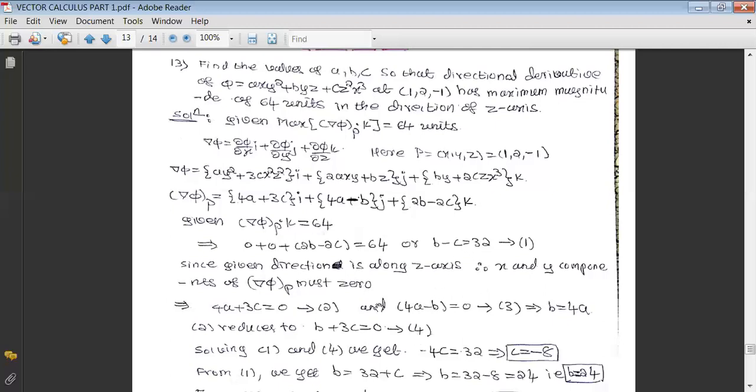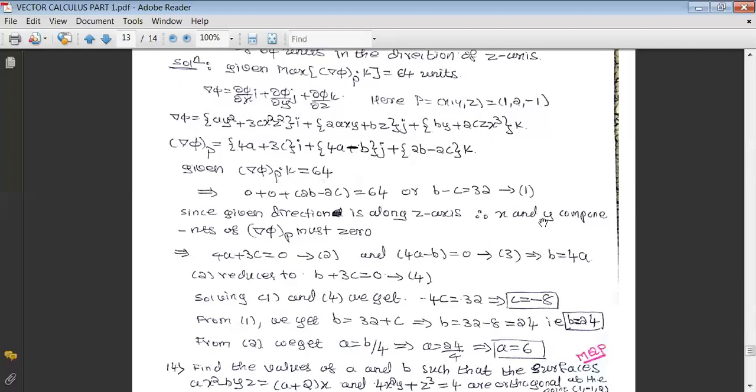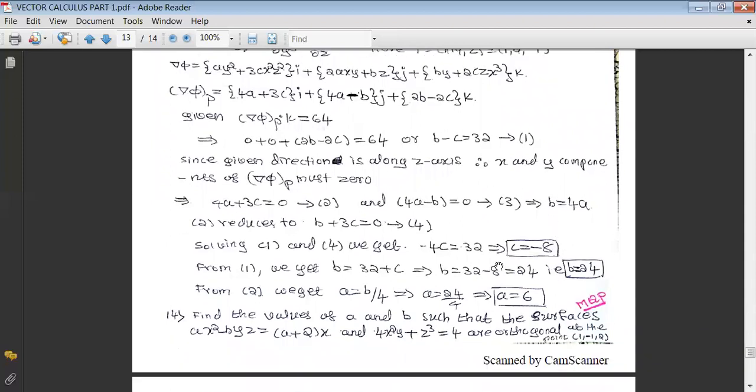Now, equations 1 and 4 are two simultaneous equations in terms of b and c. By solving them, we get c equals minus 8 and b equals 24. Now, taking the value of b equal to 24 and c equal to minus 8 in any one of these equations, we are going to get the value of a.